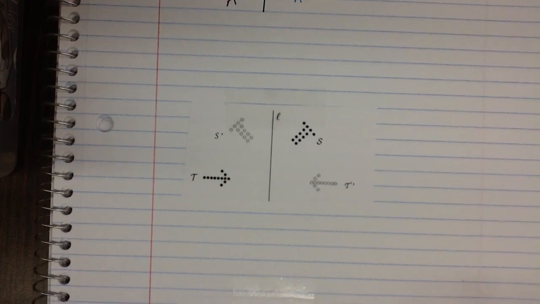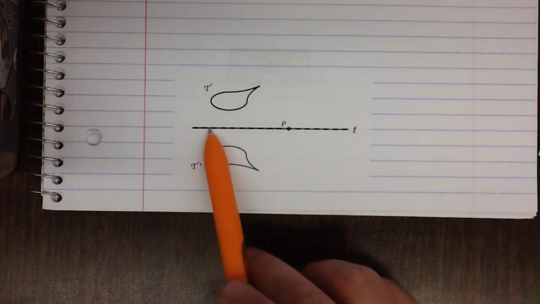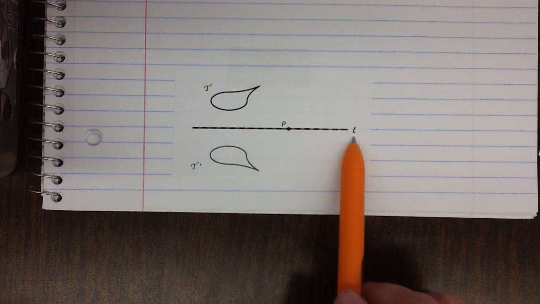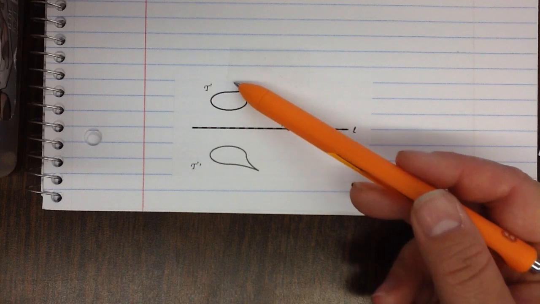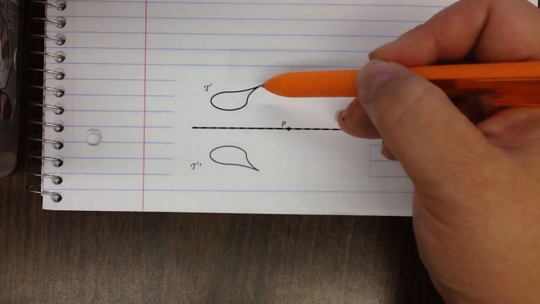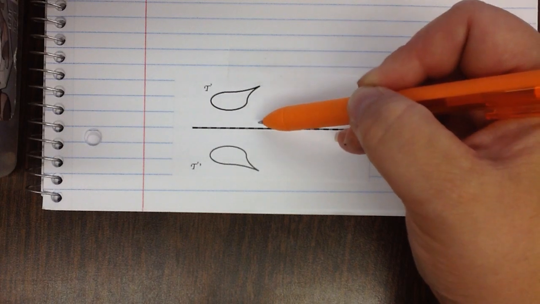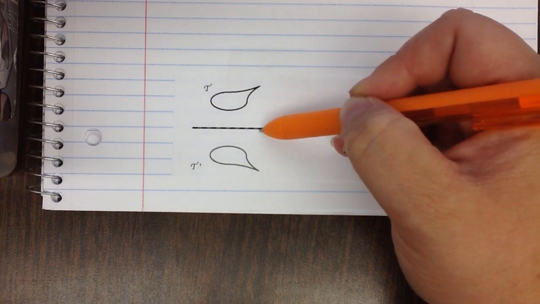Okay, now, so that is vertically. Now let's look at something horizontally. So now we're looking at a horizontal line. This is line L. Here's our original figure, figure T, and when we reflect it, it goes from the top to the bottom. Okay, and the distance from this point to the line is the same distance as this point to the line.